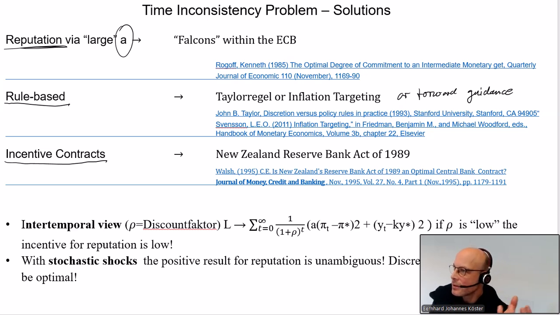So they announce an inflation target of 2%. And if they miss this target, let's say the inflation rate is then in 2 years 3%, then they have a deviation and they have signed that they have to pay then.